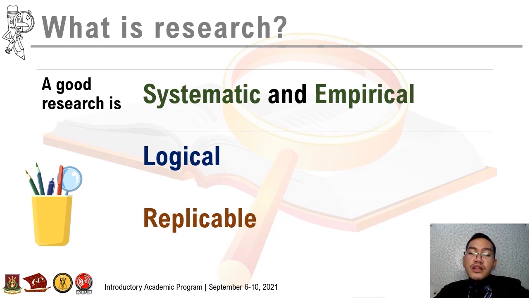For example, in biology, replication is very important. Okay, it is important that the materials and methods are described in detail so that other scientists can conduct the same experiment. If the results are different from the replicated study, then there is a possibility that the results were manipulated. And we do not manipulate things in research.